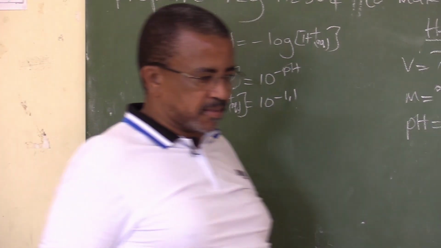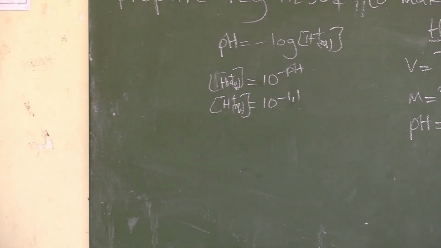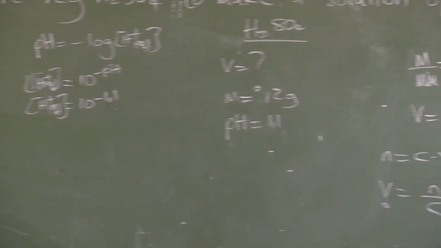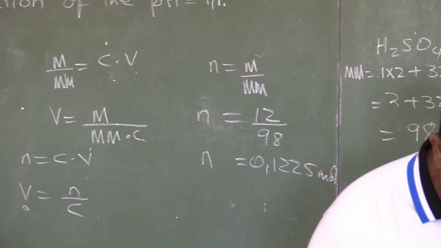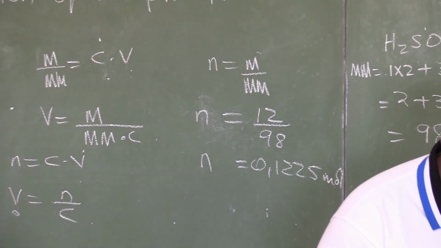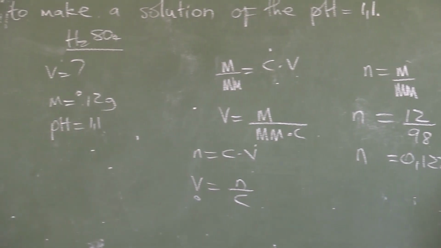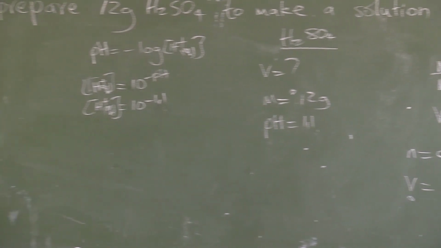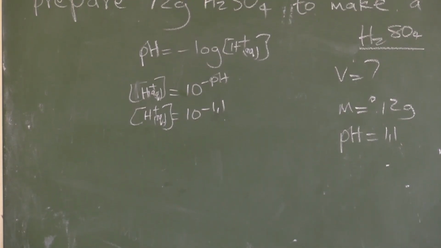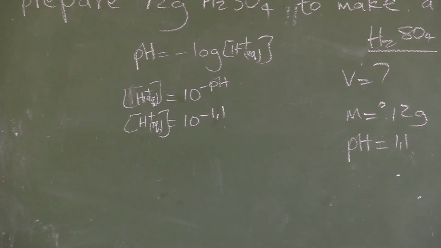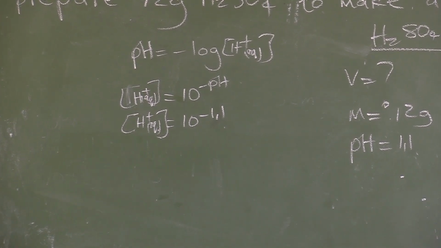10 to the power minus, right, we go to the calculator. We get 0.0794, or 7.94 times 10 to the power minus 2.